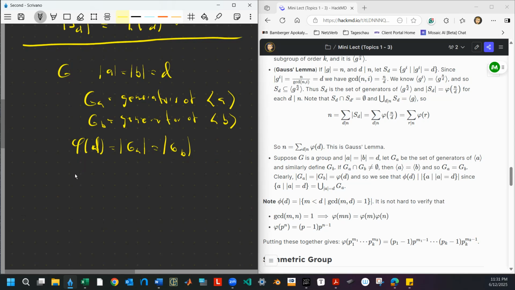One of two things happens: either G_A is equal to G_B, so they're generating the same cyclic group, or G_A intersect G_B is empty. One of those two things has to happen, because if there was anything in common, that common element would generate the whole group, so they'd have to be the same. So either they're the same, or they're completely different.